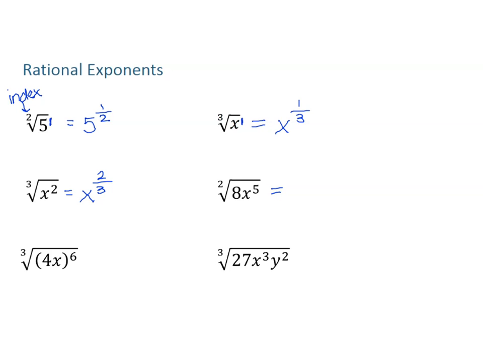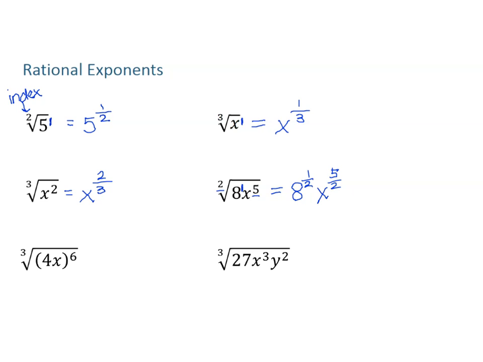It's an 8 to the 1st power. So now we can write this as 8 to the 1/2. We take that 1, that's the numerator, 2 is the denominator. And then with the x, we have 5/2. Now, I'm not sure that that would actually be more simplified, but if we had to write it in exponential form, that's what it would look like.